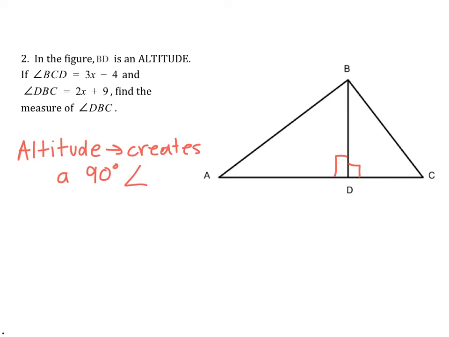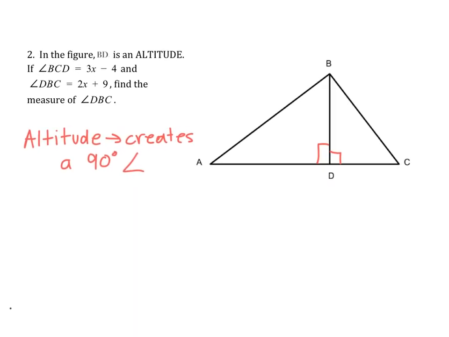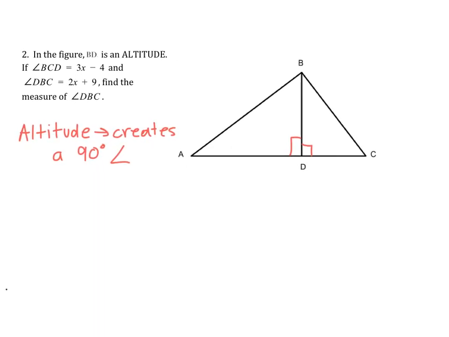That's all that we can tell just from the word altitude, so that's the only thing that an altitude does. Now, we are told that angle BCD, that's right here, is 3x minus 4. And we are told that DBC, that's right here, is 2x plus 9. They would like us to find the measure of angle DBC.